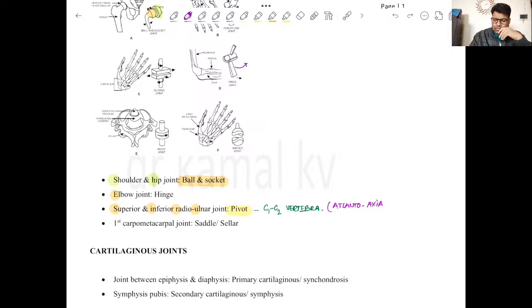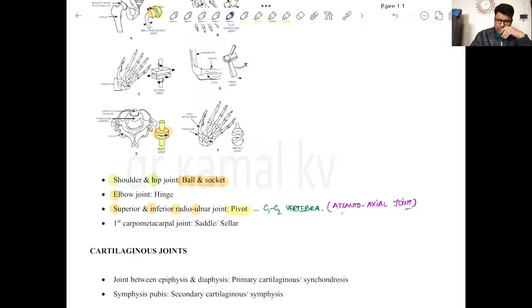Clear? So this is atlanto-axial joint. So here one bone forms the axis and another bone rotates around that. So this is pivot joint, right? So superior inferior radio-ulnar joint and atlanto-axial joint.